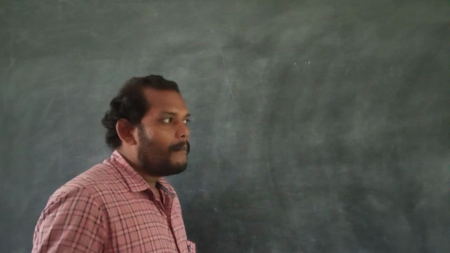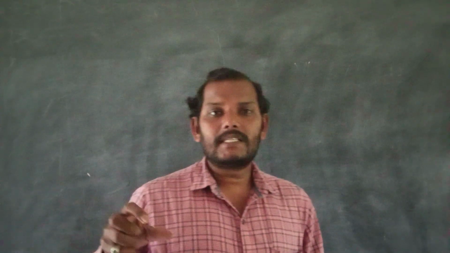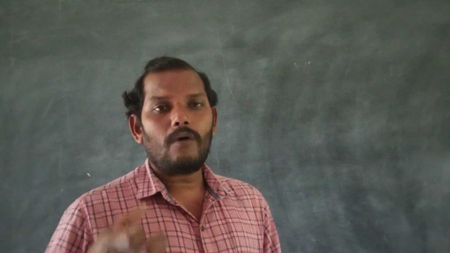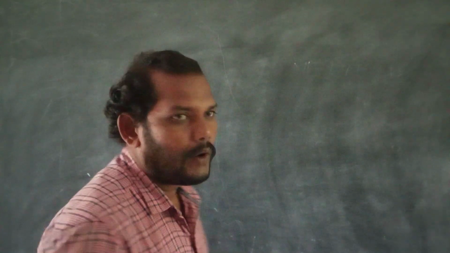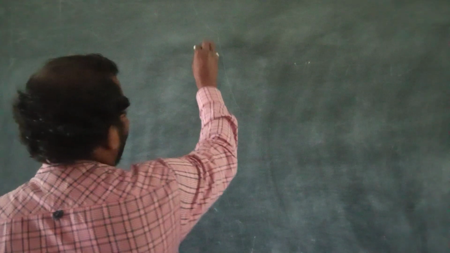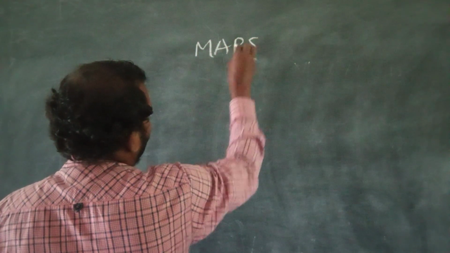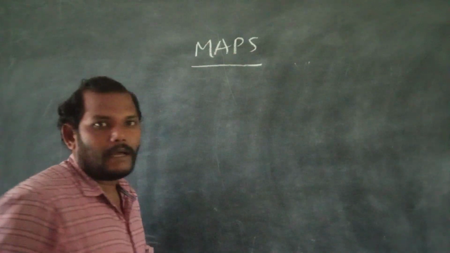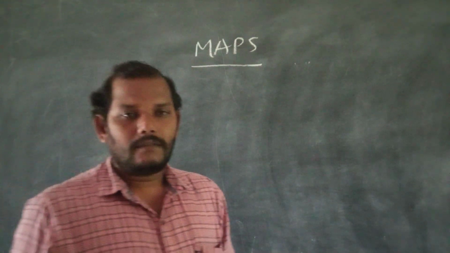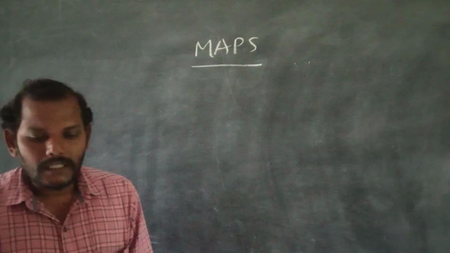This is called the map. In this part we discussed maps. What is the name of our lesson? Maps. We learned about maps. What did we learn in this lesson?